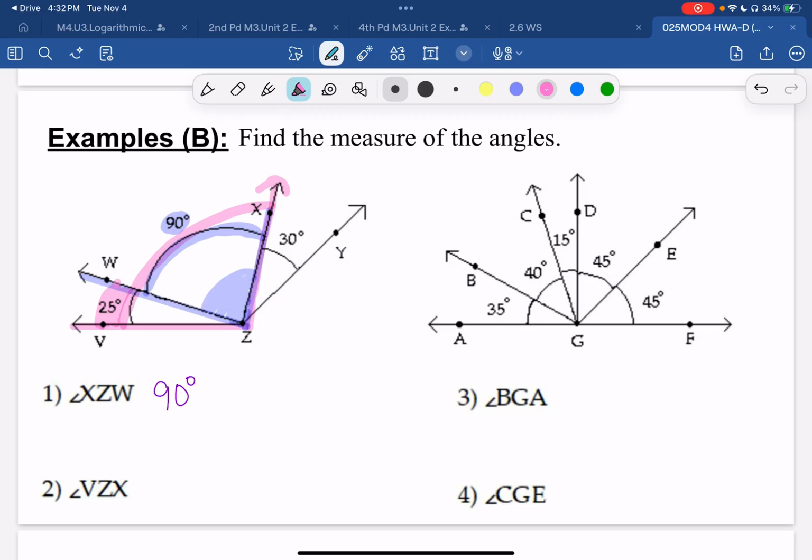But I also need to go 90 more to get to that full rotation. So that means that to find this angle, I'm going to move 25 degrees, and then I'm also going to rotate 90 degrees. So that gives me a total of 115 degrees. So if I were to look at this angle by itself, it would look like this.